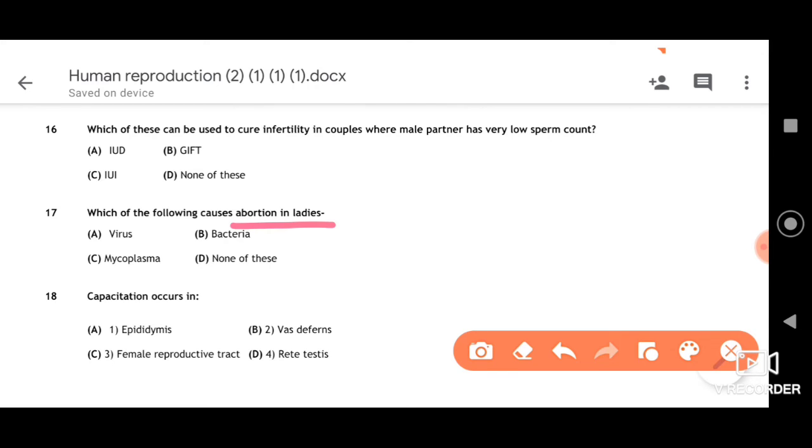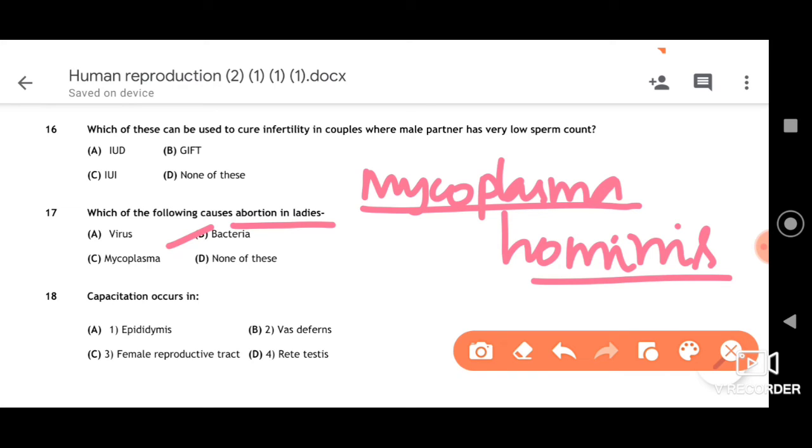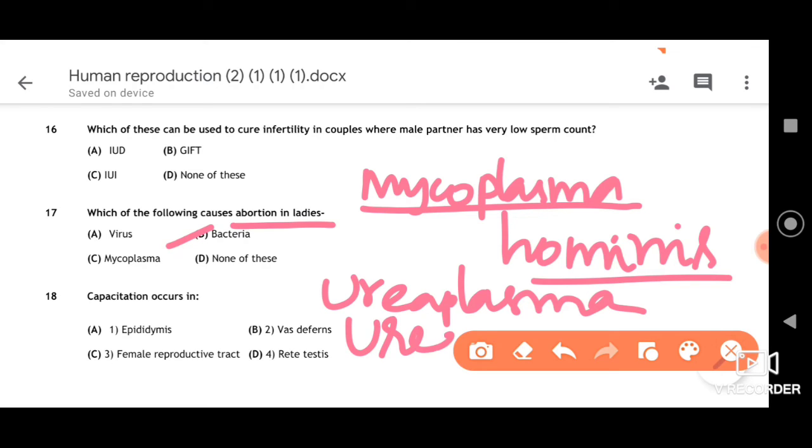Let me tell you that some bacteria, for example Mycoplasma hominis as well as Ureaplasma urealyticum, especially these bacteria can cause miscarriage.